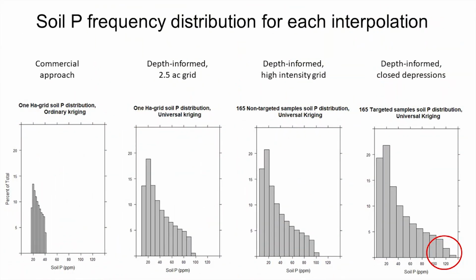And that's because, again, we're missing the closed depressions in that case. And then as we move across these different panels, we're adding more and more information. So if we look at the depth-informed interpolation approach, we do better. We do much better, I think, when we actually have more information to train the model. And we get the best case scenario when we include that information about depth and also include those samples that tell us how much phosphorus is in these closed depressions.